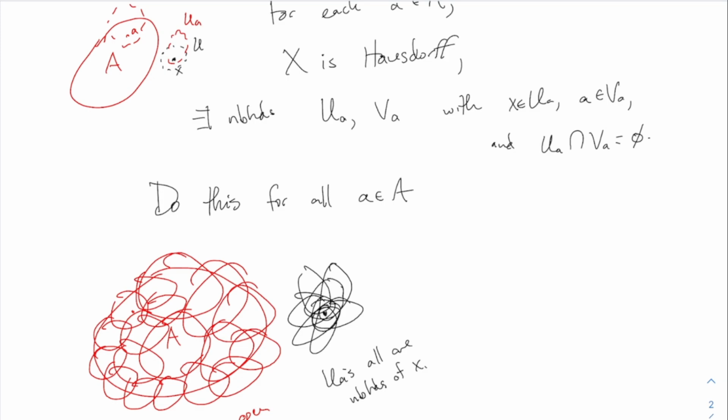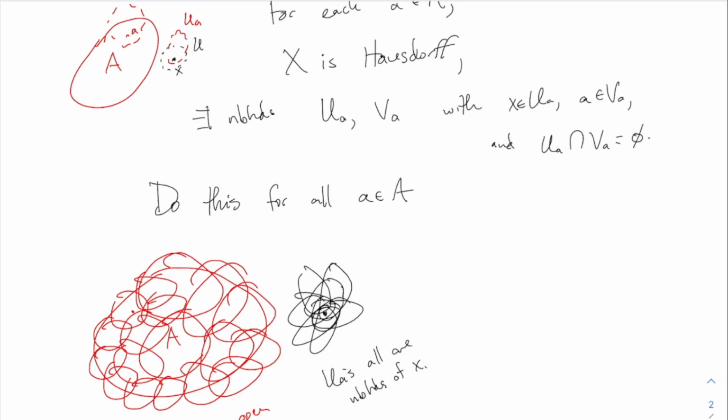Different points. Like, isn't A a part of X? The big X? Yeah. So each point within that has neighborhoods that don't intersect. It's true, yeah. For any two different points over here, there are neighborhoods that don't intersect. That's true. But I'm using the Hausdorff property for a point over here versus X.